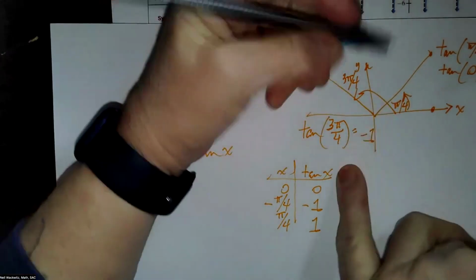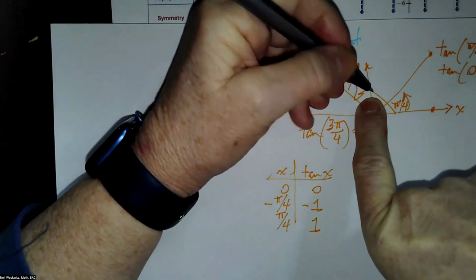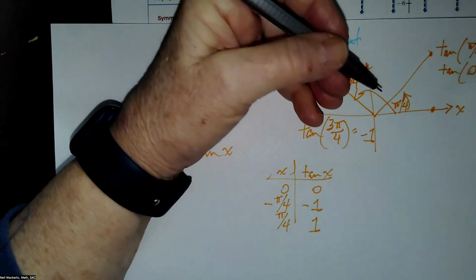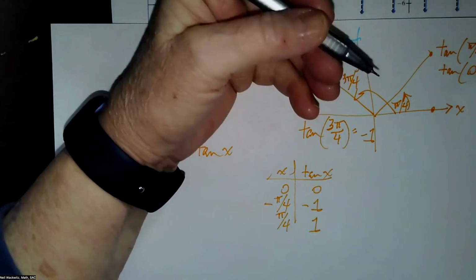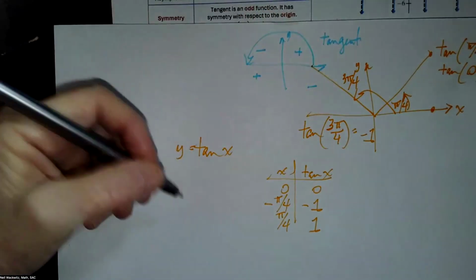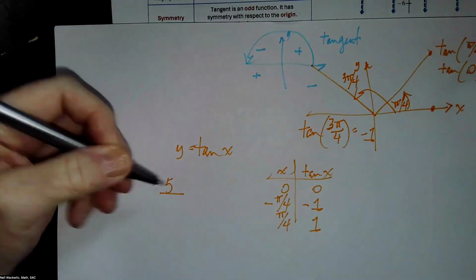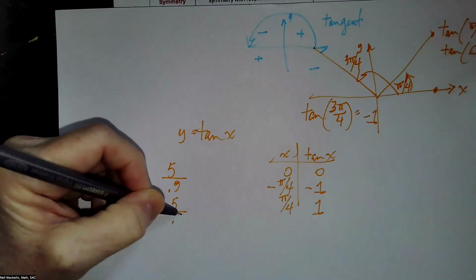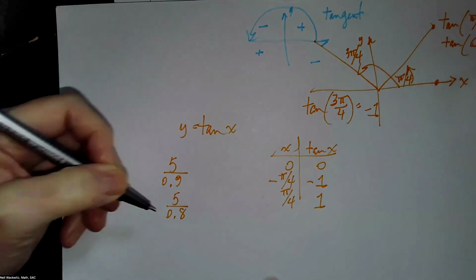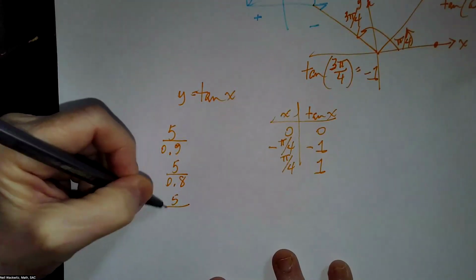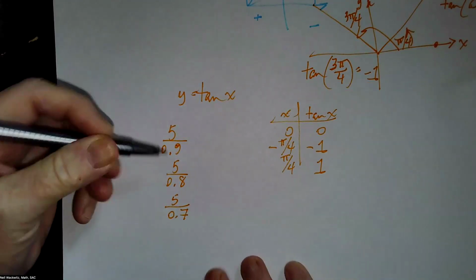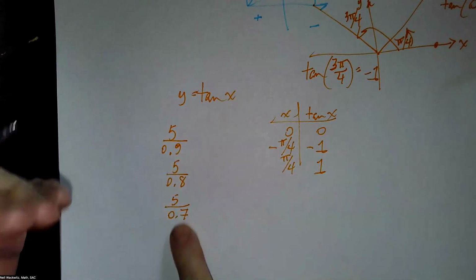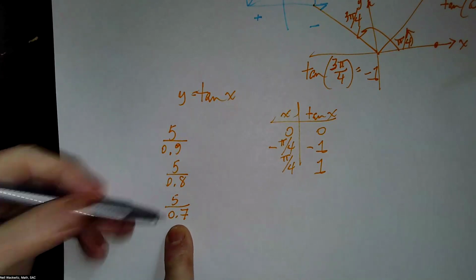As the cosine gets smaller and smaller, what happens when you divide by a number that is less than 1? Like if you've got 5 and you divide it by 0.9 and then 5 divided by 0.8 and then 5 divided by 0.7. Gets bigger. That's right. As the number in the denominator gets smaller, the entire number becomes bigger.